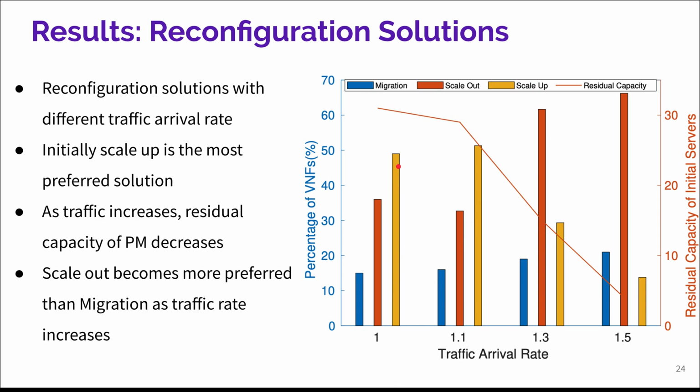And that makes sense because it can actually increase the resource utilization and even decrease the energy cost. But as the traffic increases, the scale up preference is lower because of the downgrade of the initial server residual capacity. So because of limited resource capacity in the initial server, the ILP solver tries to prefer scale out more at higher traffic demands.